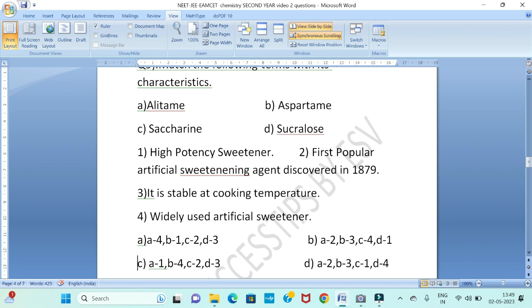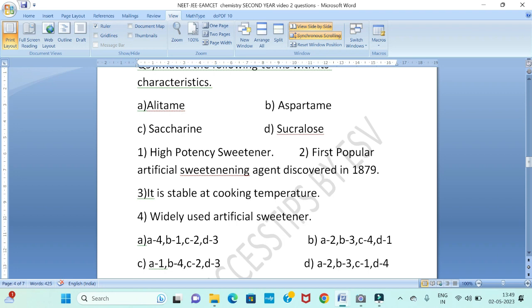If you correctly remember, you can catch the answer by using easy tips and techniques. Alitame is a highly potent sweetener, A1.